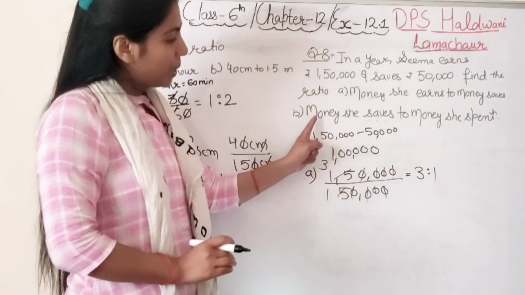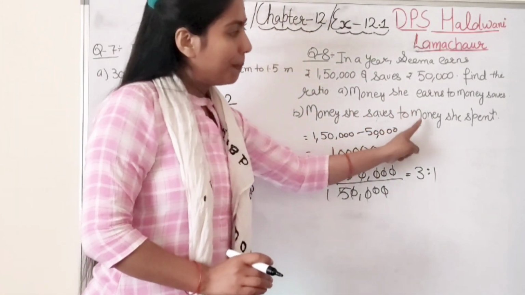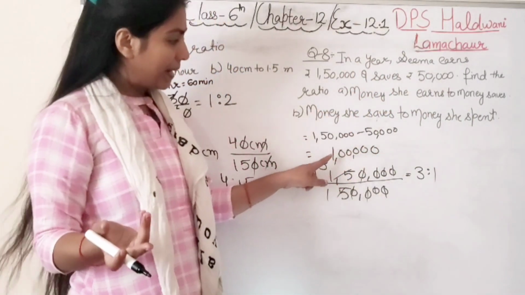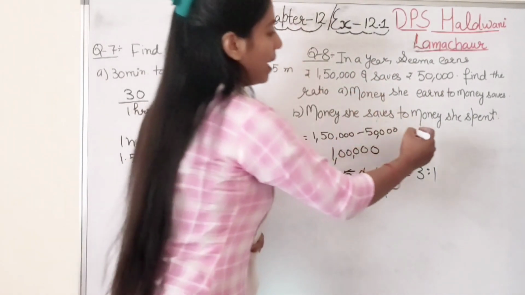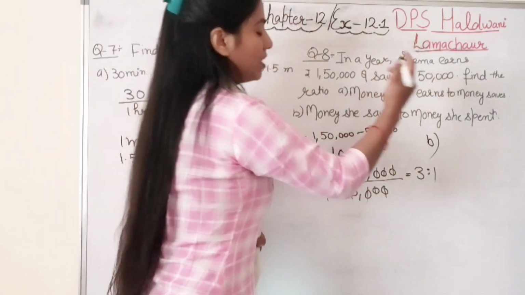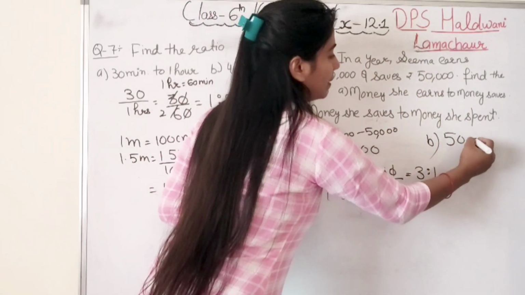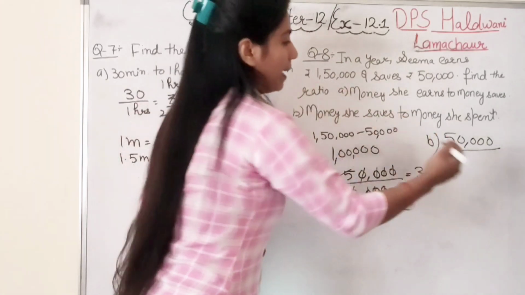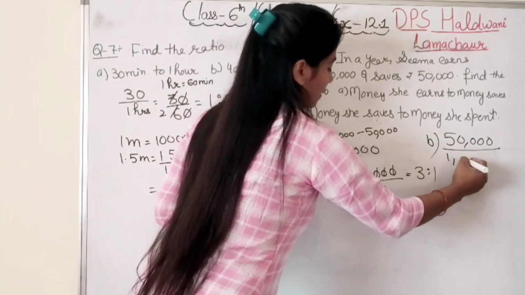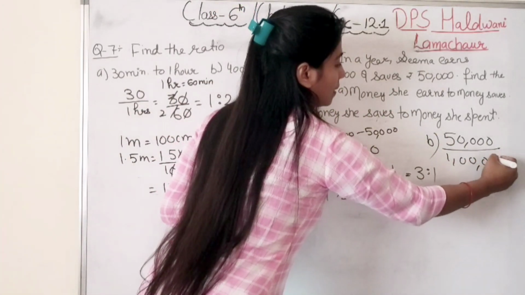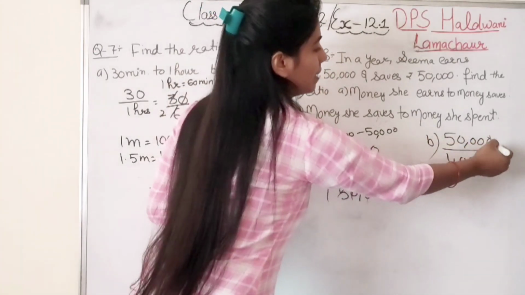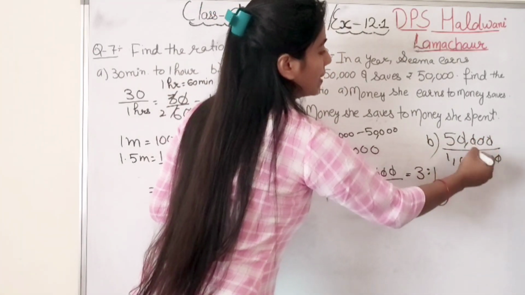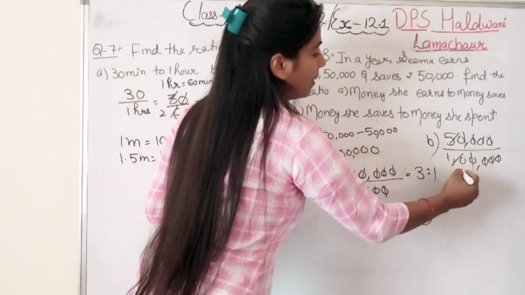Right? B part, money she saves to money she spent. So the spent money we took out. So B part will be money she saves: she saves 50,000 and she spent 1 lakh. So now convert into lowest term. 3 zeros, 1 zero, 5 ones are 5, 5 twos are 10.